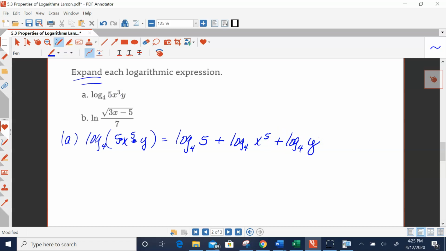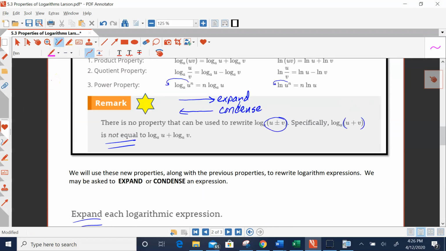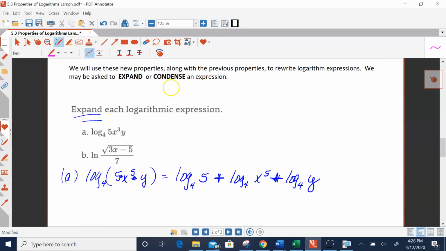Doesn't matter how many pieces you have in there multiplied. If I had 6 pieces, I could break it up into 6 logarithms. So I've expanded that using this product rule, where if you have a product, you can split them up with addition. Now there's one last step you want to look for, and that is, do I have any exponents that can be brought down in front using that power property? If you have an exponent, you can drop it in front.